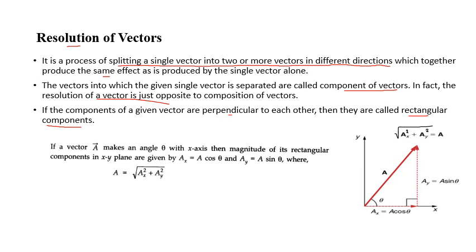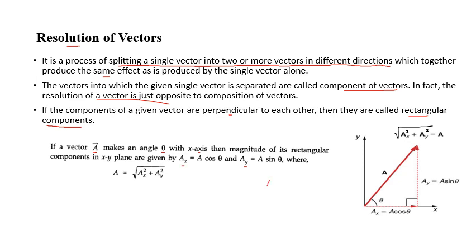If a vector A makes an angle theta with the x-axis, then the magnitudes of its rectangular components in the xy plane are given by A suffix x and A suffix y. So these are the rectangular components.